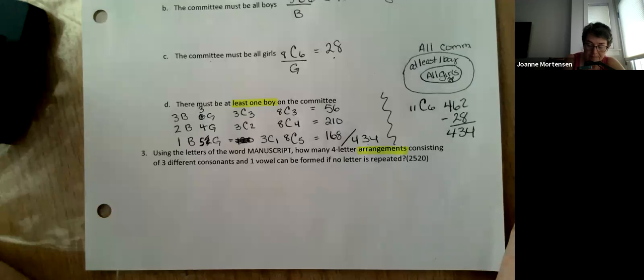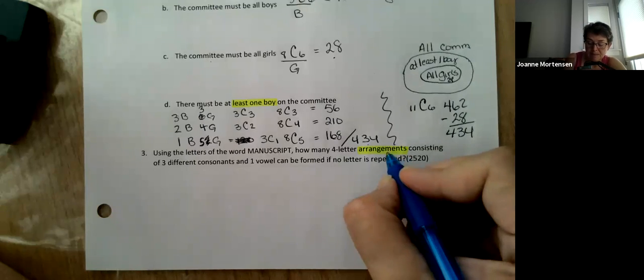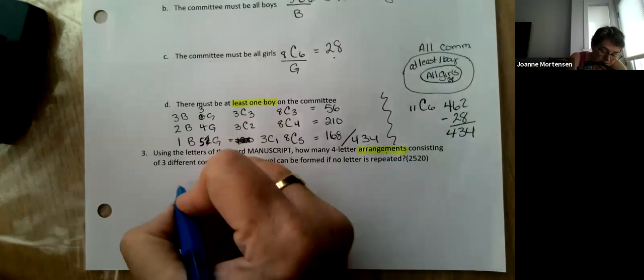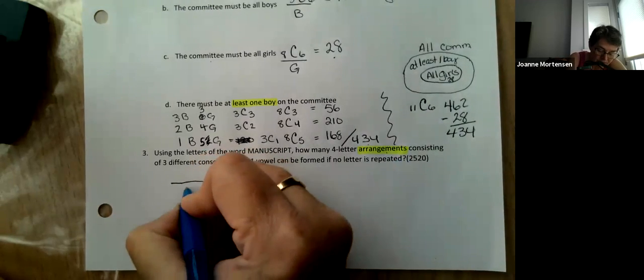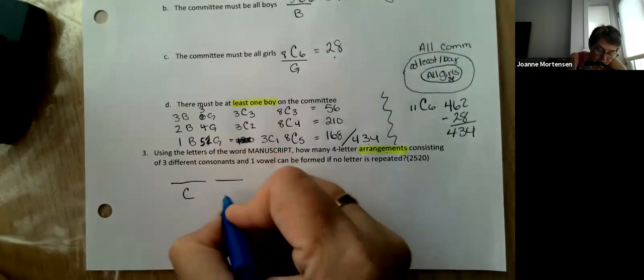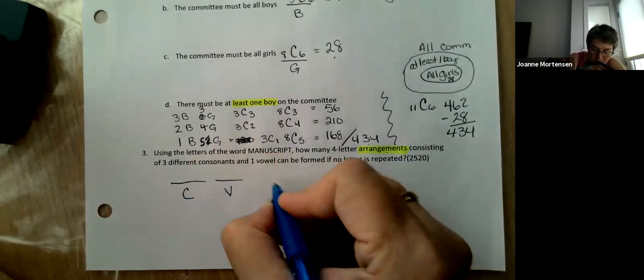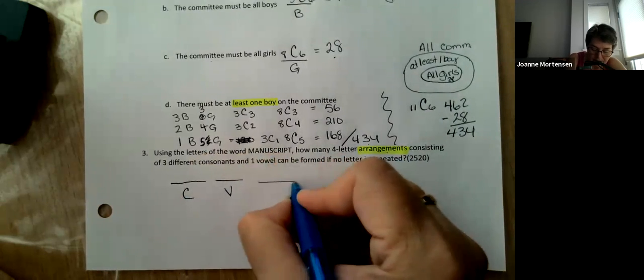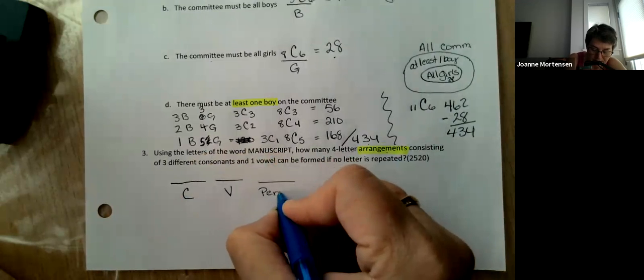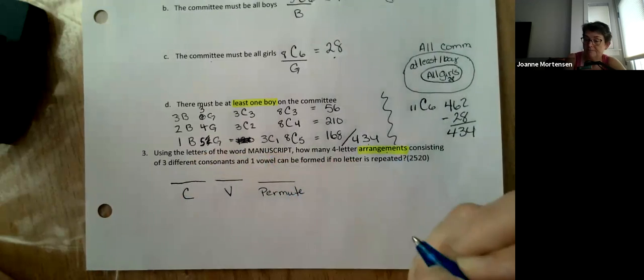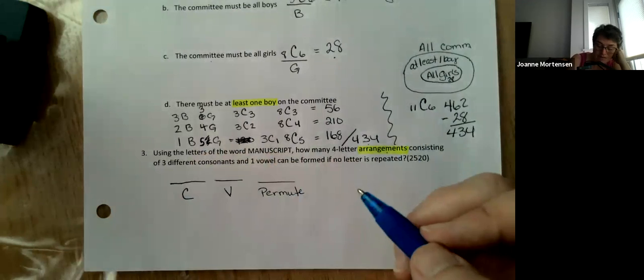All right. So this part tells me I'm going to permute at the end. So first thing I'm going to do is pick our consonants. Then we're going to pick our vowels. Then we're going to arrange them. So it's like 3 things.